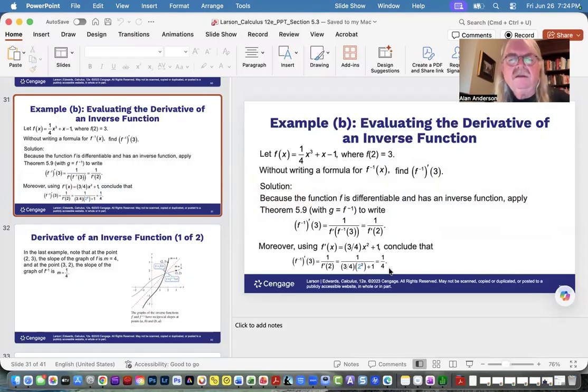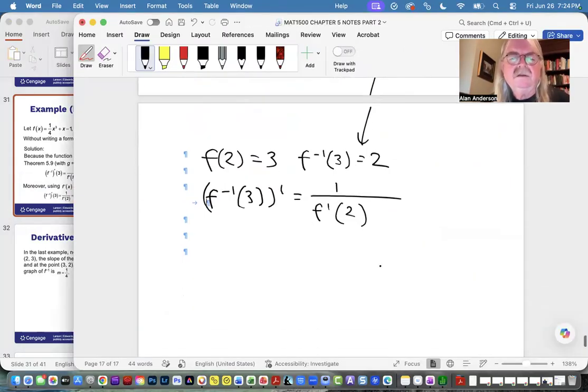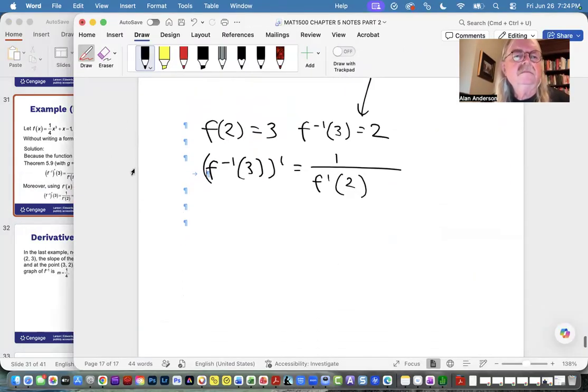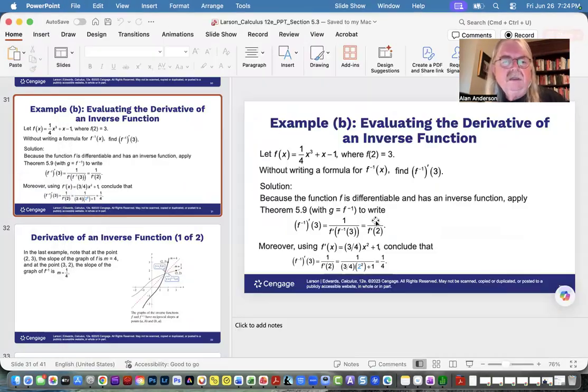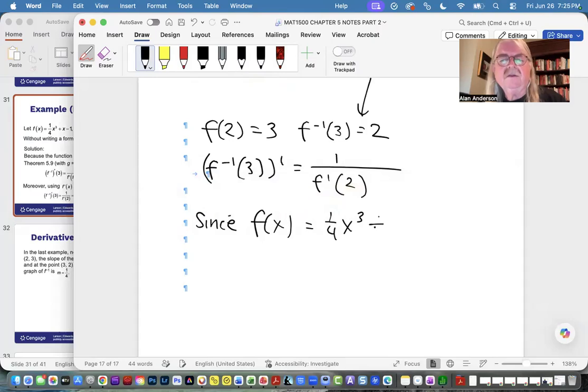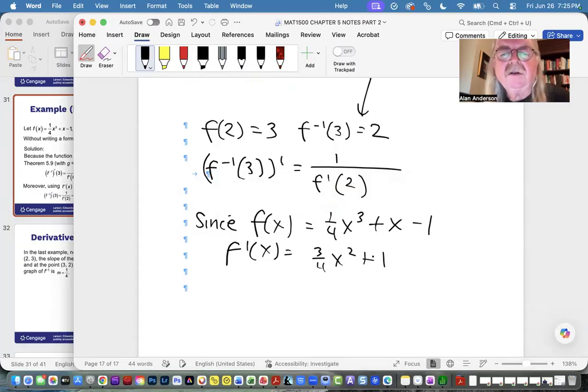And since the original function was 1/4 x cubed plus x minus 1, using the power rule, okay, there's our derivative.